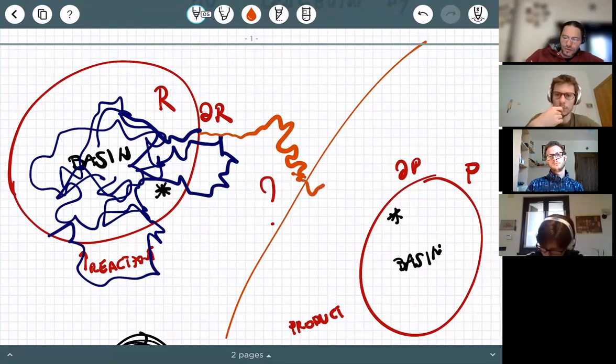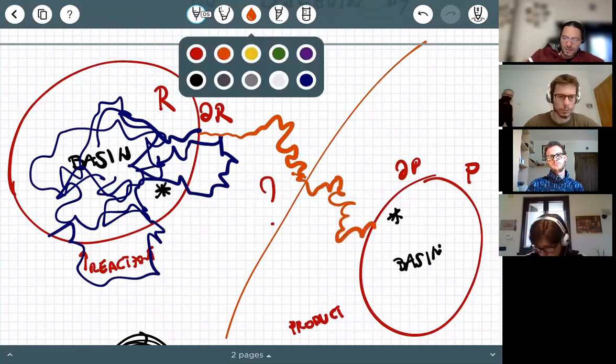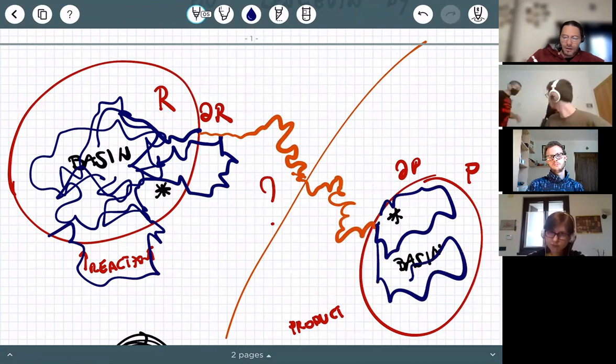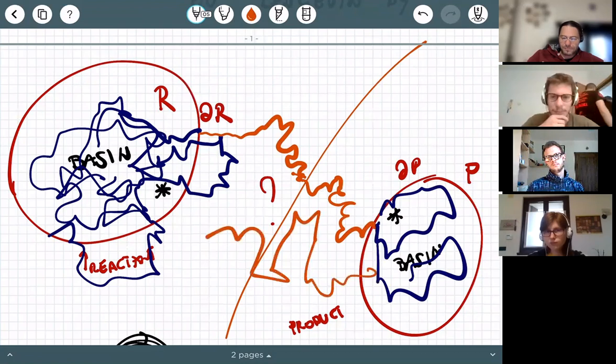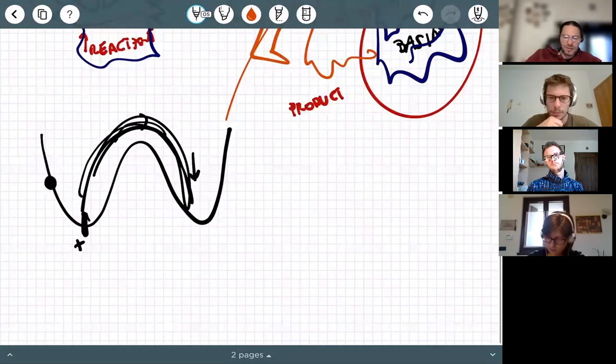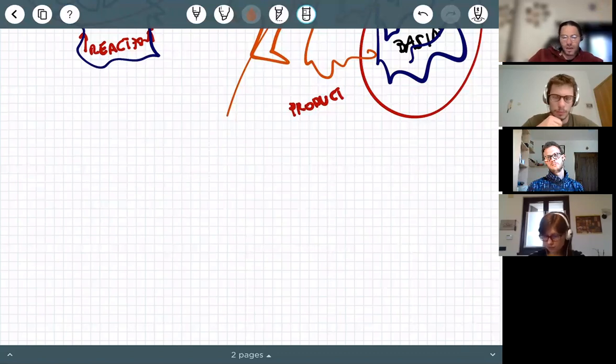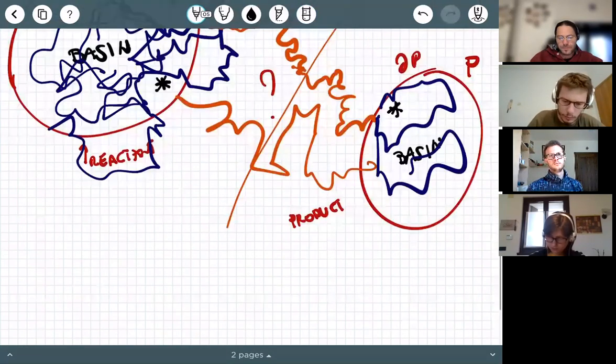And if you're lucky enough to cross it, then you start having chances, and there are some trajectories. The ones we identified are those of the transition path ensemble. And if you look at it, what is the property that these trajectories, these portions of the original ultra long ergodic trajectory, obey?